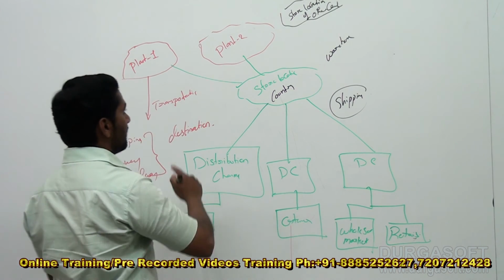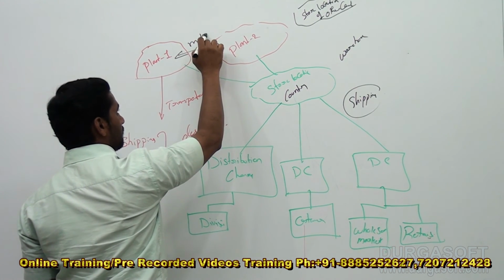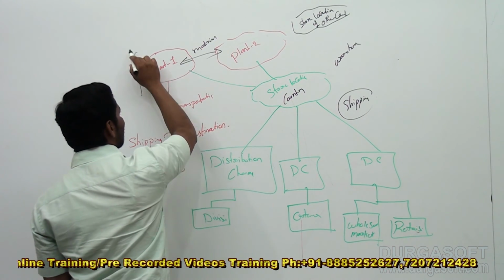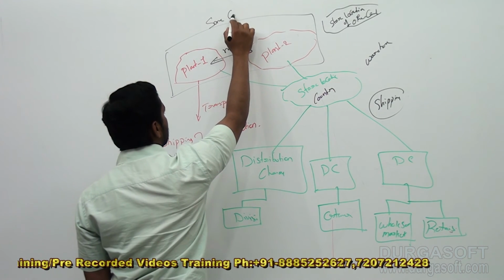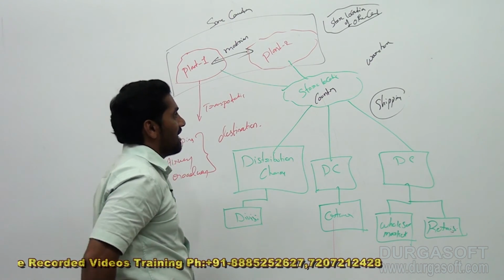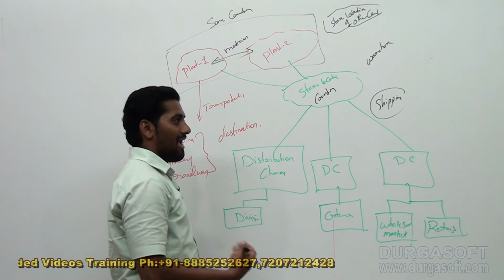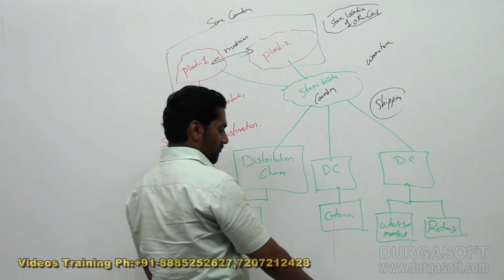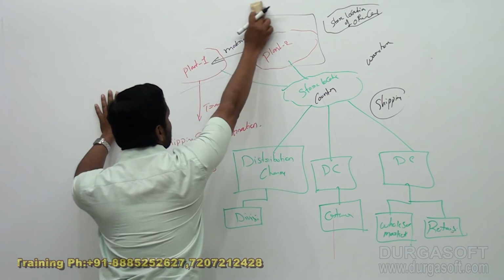We can also exchange data between here, that is called material exchange, if these two are in the same country. But each and every country has only one plant. So plant-wise distribution channels will take place where I can increase my business. This is how all the business activities take place in a sales organization.